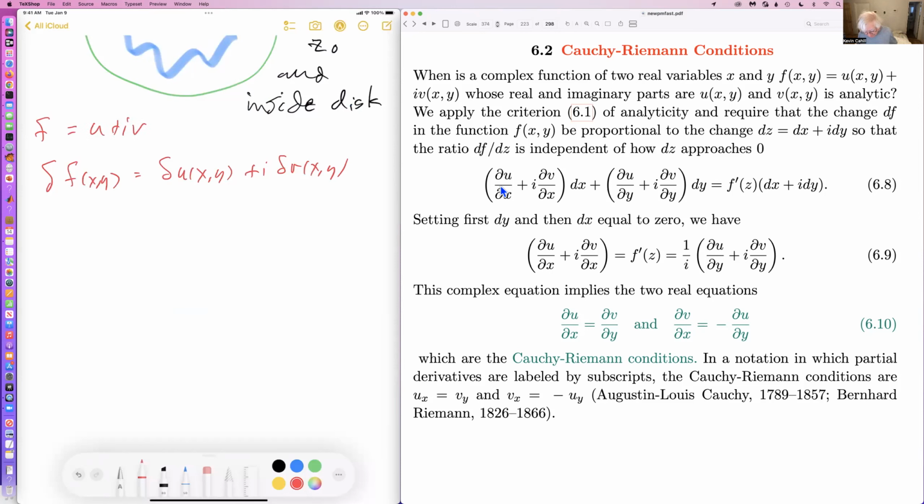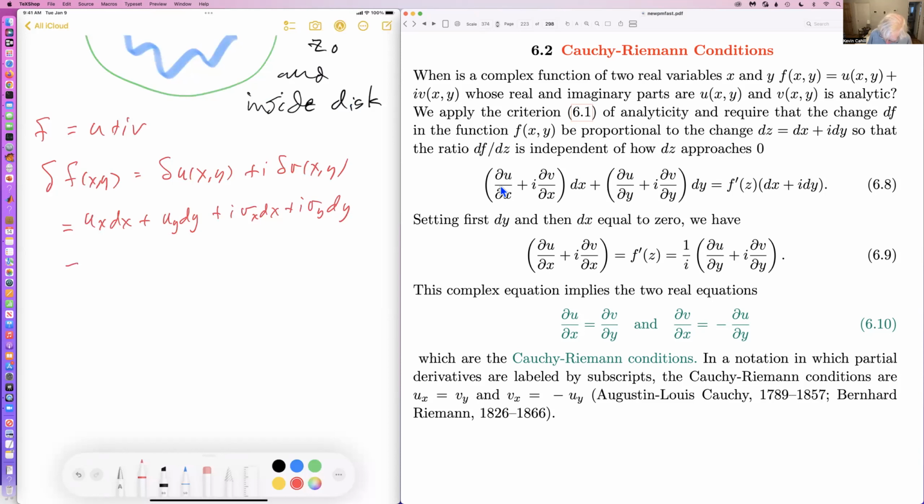And so this change in u is the partial, let me use subscript notation so I can do this quickly. This is the partial derivative of u with respect to x times dx plus u sub y times dy plus i v sub x dx plus i v sub y dy.